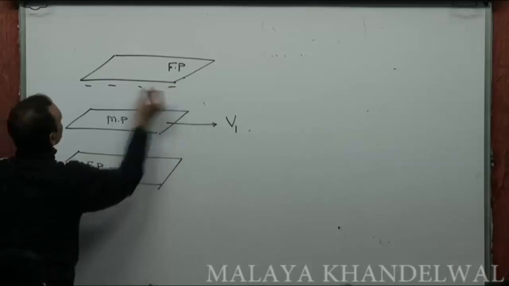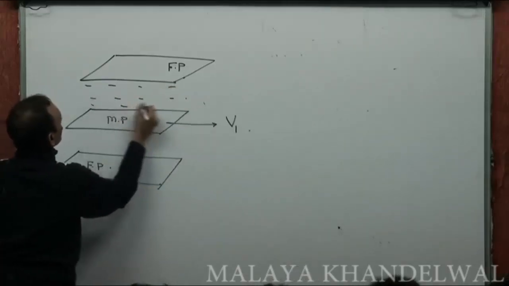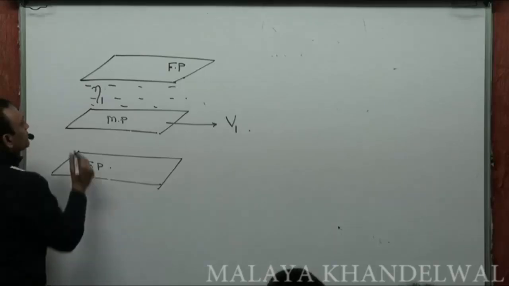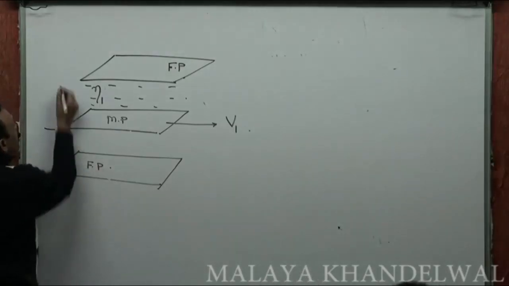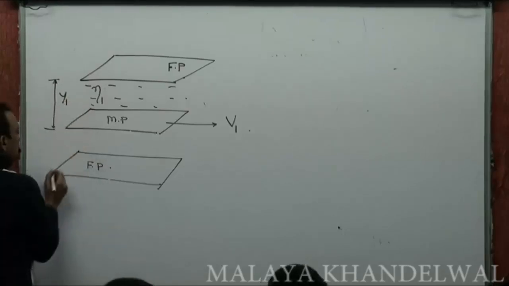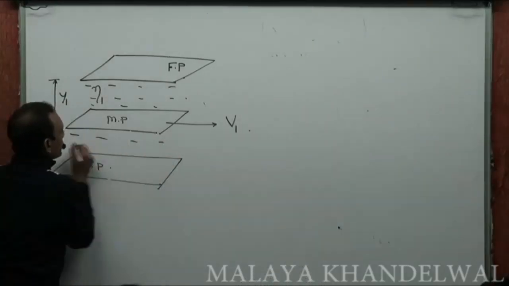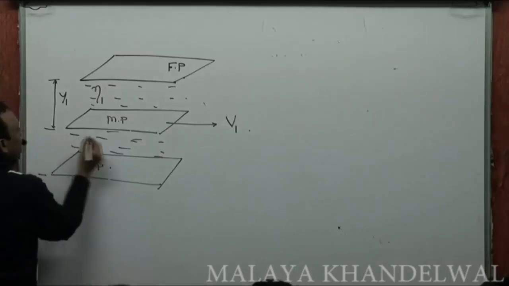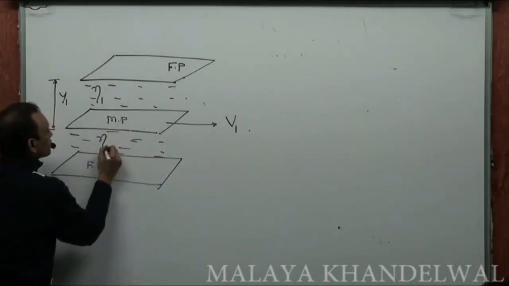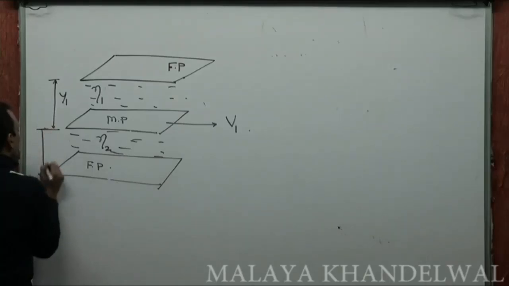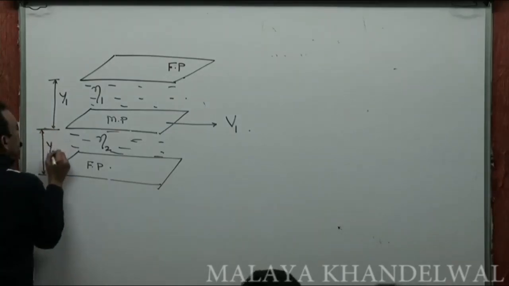Now this region could be filled up with a fluid of viscosity eta 1, and let's say separation between these two layers could be y1, whereas this region could be filled up with a liquid of viscosity eta 2, and separation between them is y2.